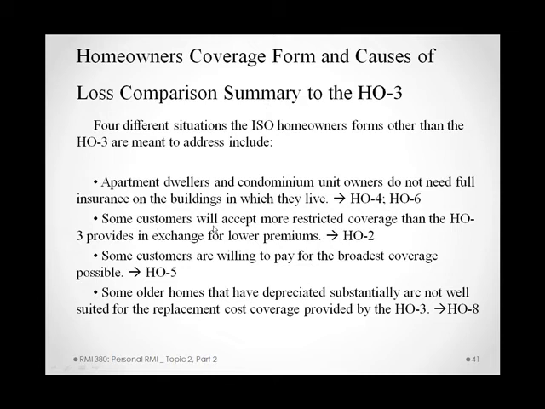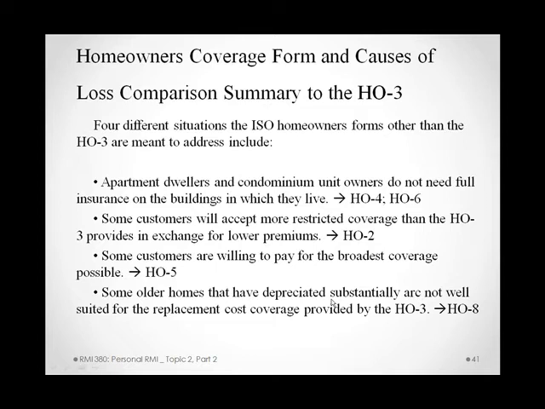So some customers will accept more restricted coverage, and in exchange, they get a lower premium. So HO2 provides named peril coverage to all of your properties, including your house, other structures, and your personal belongings. But HO3 is a special form that provides open peril coverage for your house and other structures, but it provides a named peril coverage for your personal belongings.